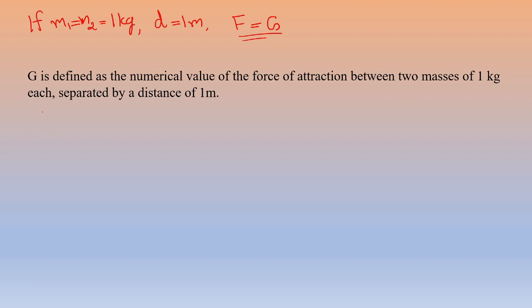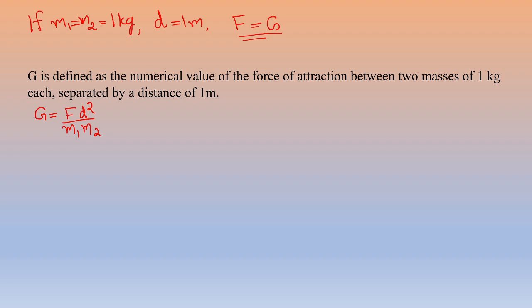From the expression for the gravitational force, we can have the expression for capital G, that is G is equal to F d square by m1 into m2. Using this equation, we can find the value of the gravitational constant.